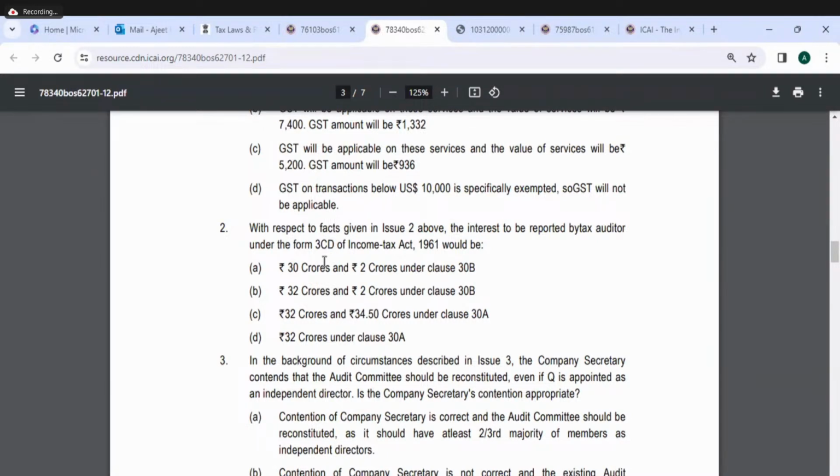Section 44AB of the Income Tax Act prescribes that certain persons engaged in business or profession, whose turnover, gross receipts or sales exceed a certain threshold limit, are required to get their books of accounts audited.